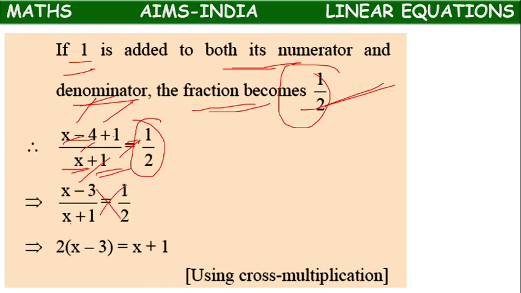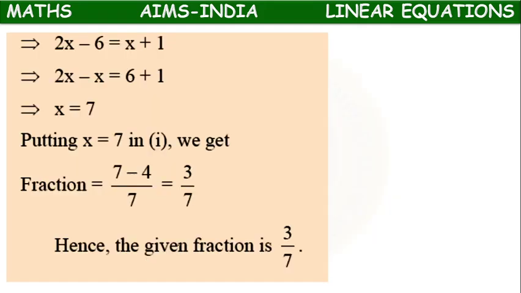Cross multiplication: 2 into x minus 3 equals x plus 1. 2x minus 6 equals x plus 1. X will go to that side as minus x, minus 6 will come this side as plus 6. So x equals 7.